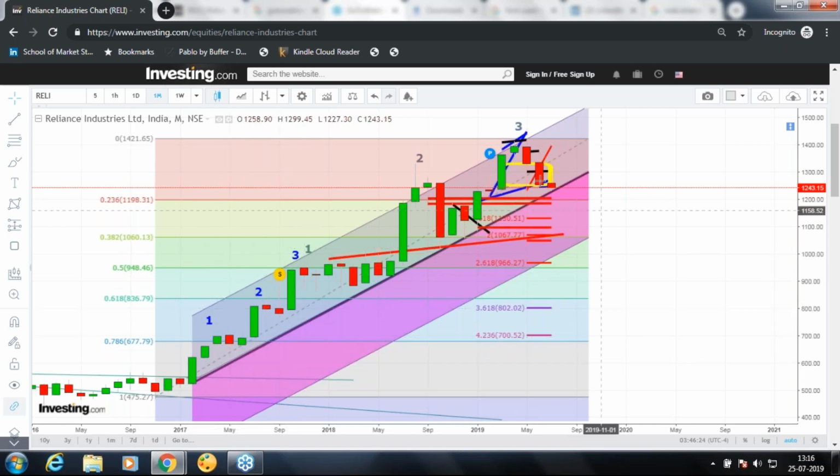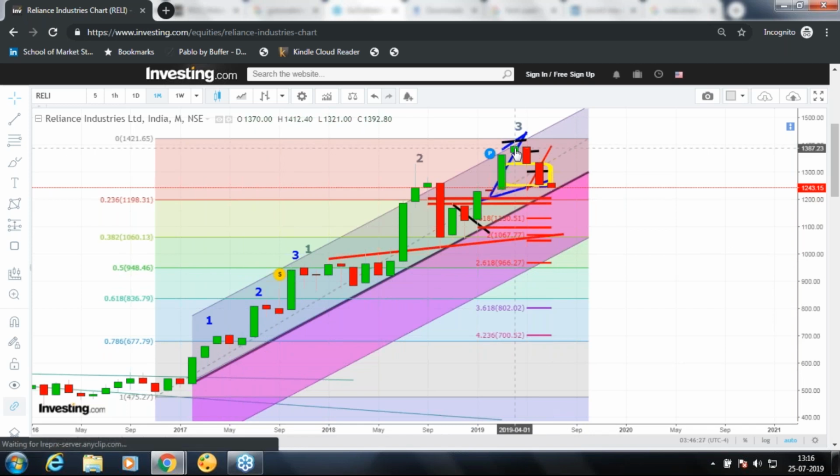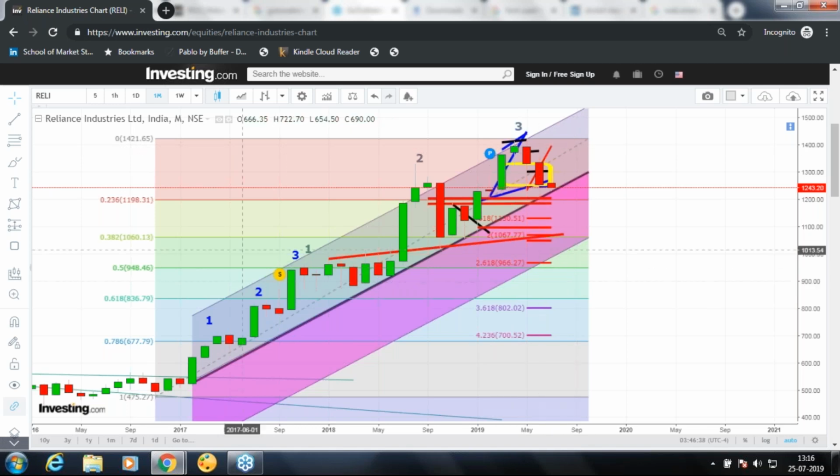So within 10 months, if the breakdown does occur, the fall will be about 484 points. And if we subtract from the peak of 1417, we get a typical target of 933.